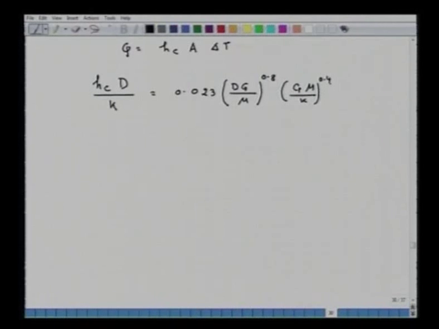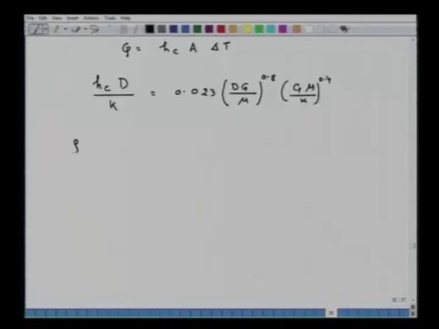So, through this correlation we can find out the value of heat transfer coefficient. Now, what is required here is evaluating the properties of the fluid that is flowing, here in this example air. One has to use the properties at the mean temperature of the fluid. So, here the temperatures are 500 Kelvin and 600 Kelvin, so we will take the properties. For example, we have to find out the properties.